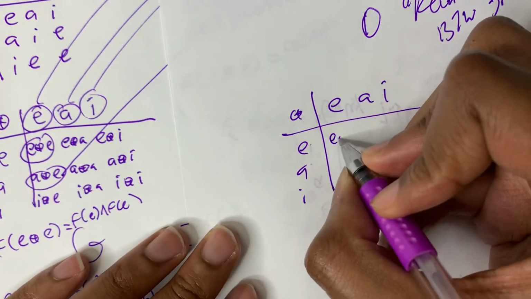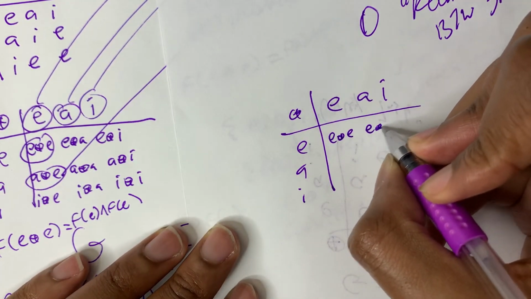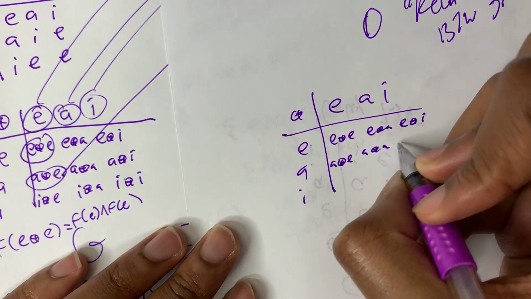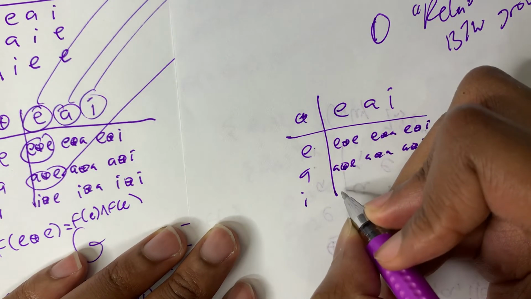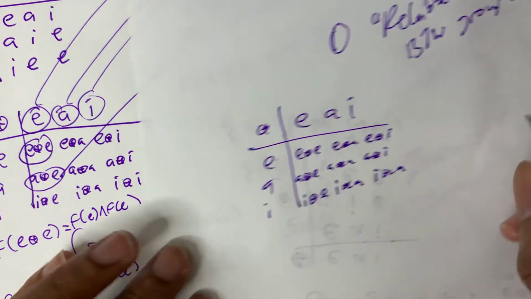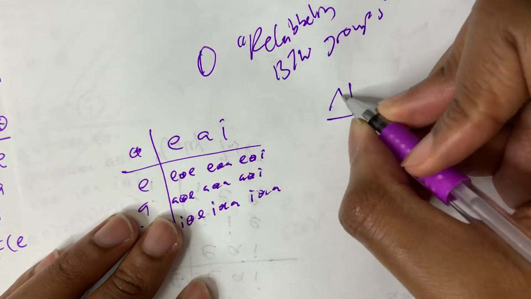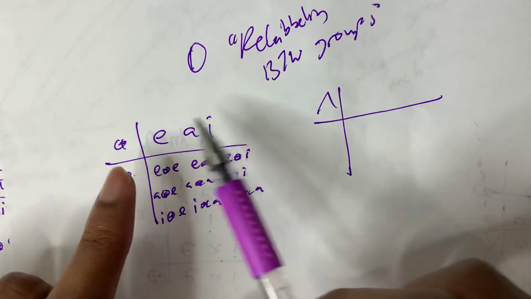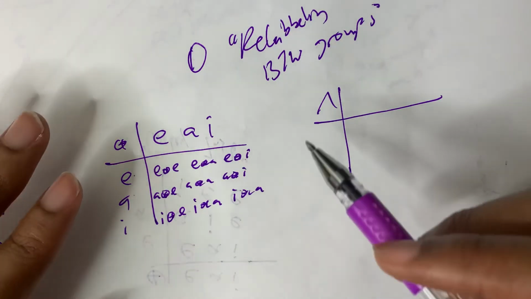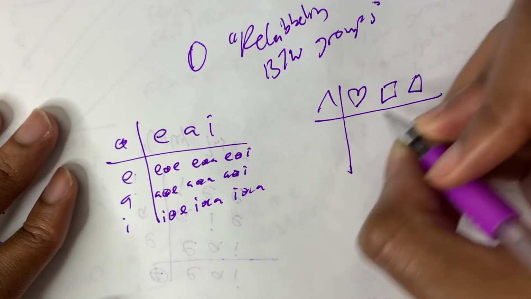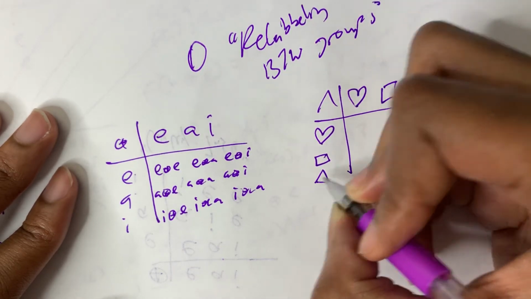We have E operated with E, E operated with A, E operated with I, A operated with E, A operated with A, A operated with I, I operated with E, I operated with A, and I operated with I. And then I have another group with wedge. You don't have to use wedge as the symbol specifically, just some general symbol. Let's call this group hearts, square, and triangle, because that can be a group.